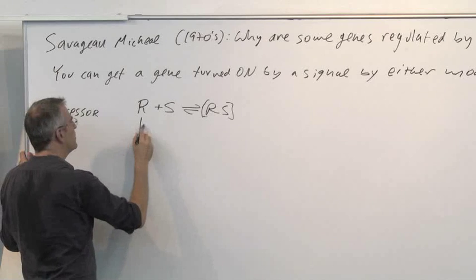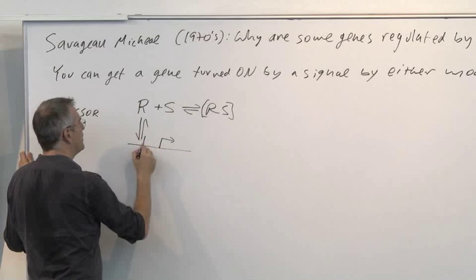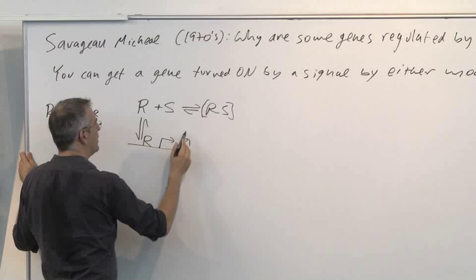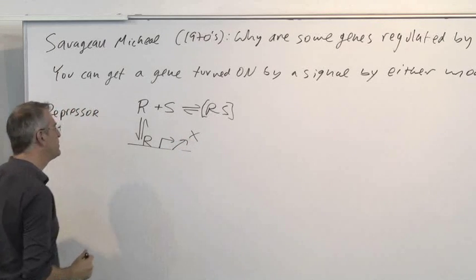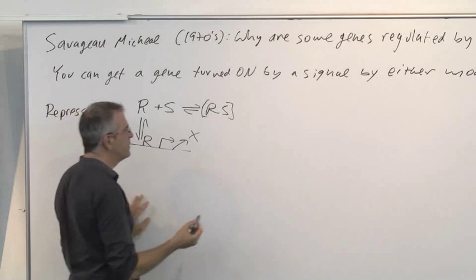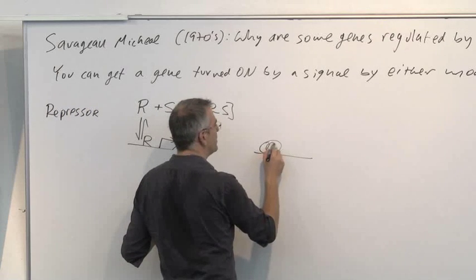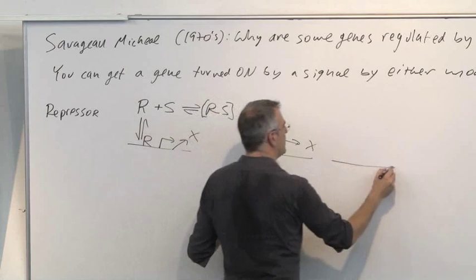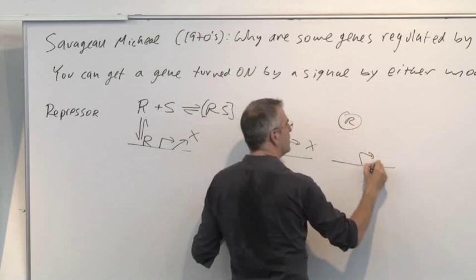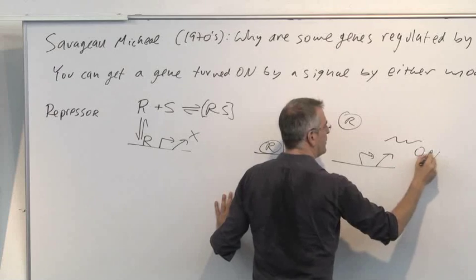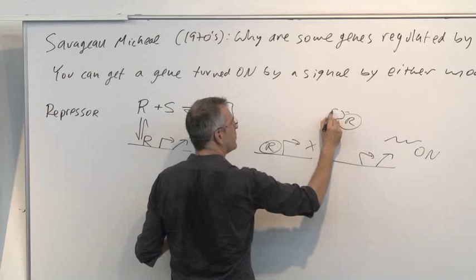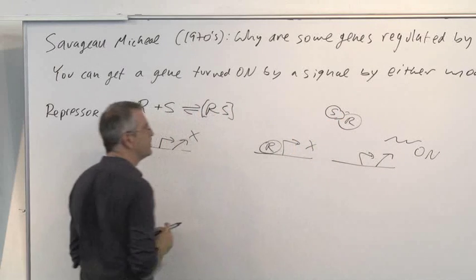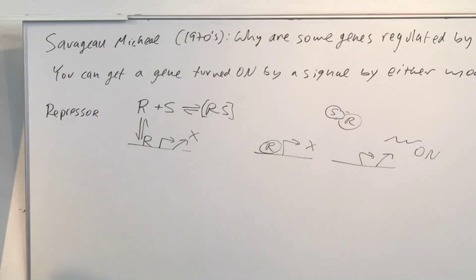And it's the repressor that binds the DNA, right? So the repressor binds the DNA, and there's no transcription. What I'm trying to say is that when the repressor binds the DNA, it's off. And when the repressor is off the DNA, the gene is made. It's on. And that happens when the signal binds to it, for example. So you add the signal, you get the gene expressed.